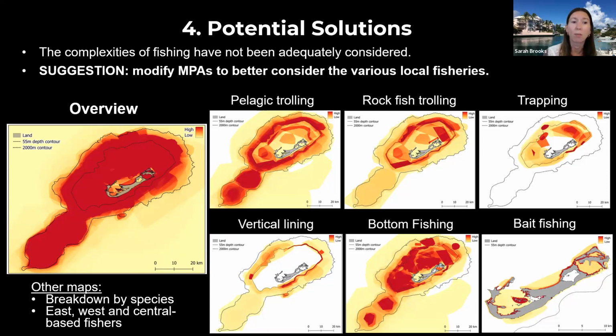So you can see where the pelagic trolling happens, where the rockfish trolling happens, where trapping, bottom fishing, bait fishing happens. So we now get a much better idea of the complexities of fishing, and we can incorporate these into the modifications of the MPA network to better address this concern, and also better meet the objective of ensuring continued access to the most highly valued fishing grounds.